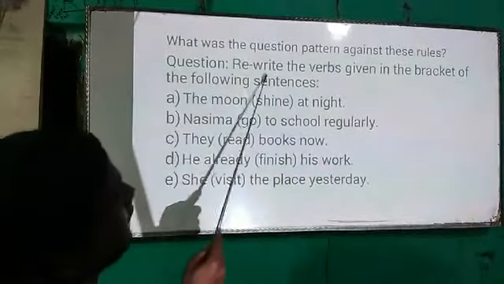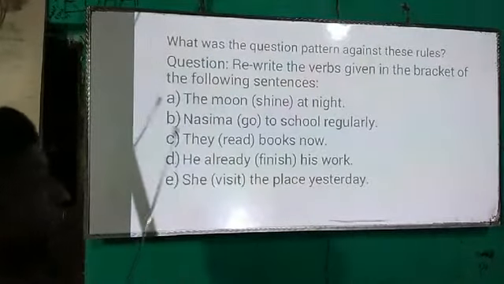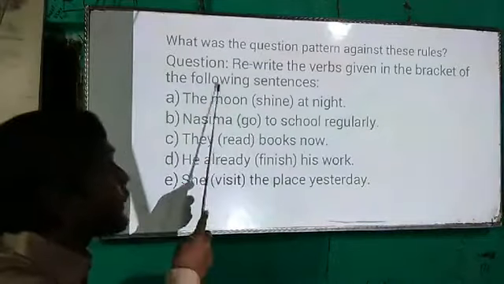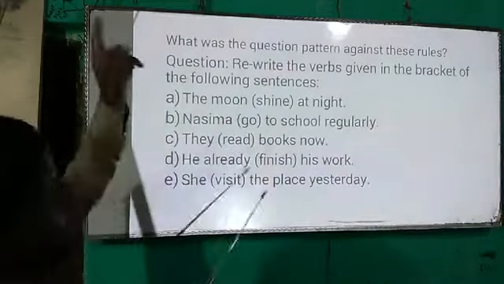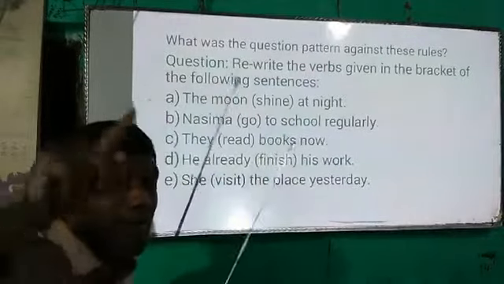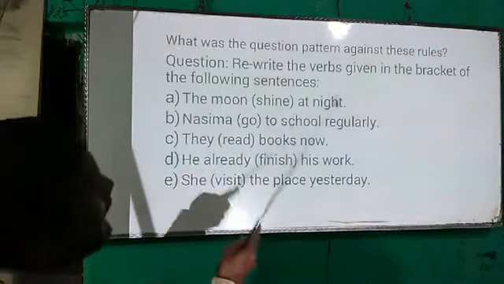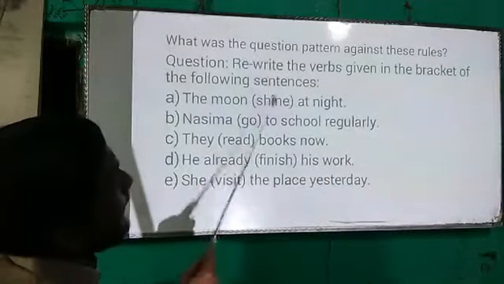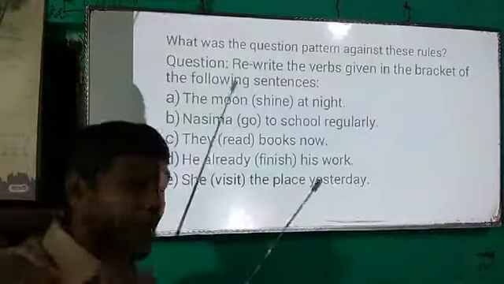The question: rewrite the verbs given in the bracket of the following sentences. So dear students, this was the question in the exams in the past times when these general rules were written for the students. At that time the question was like this: the moon shine dash night. So the moon is a universal truth, then the student can understand, oh yes, it will be shines, because the verb will be in the present indefinite form.